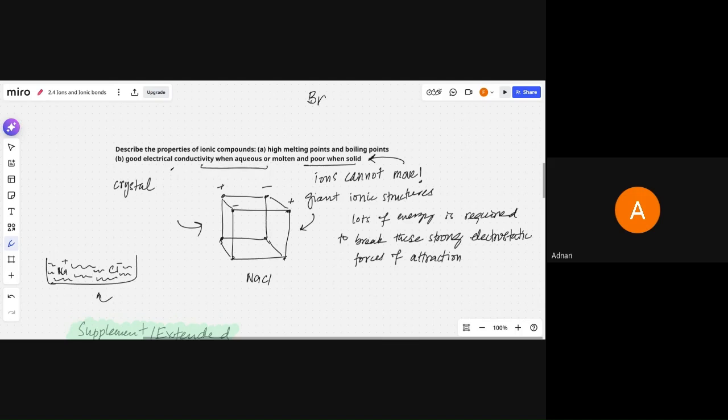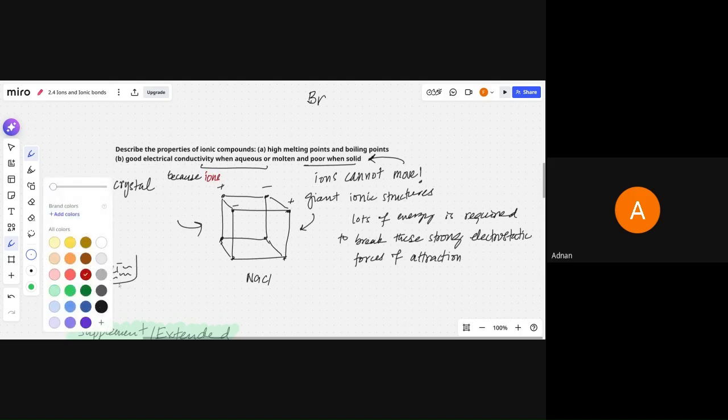Why? Because ions can move. Don't write electrons. This is very important. This is the key word: because ions can move, right? So I hope this point is clear now.